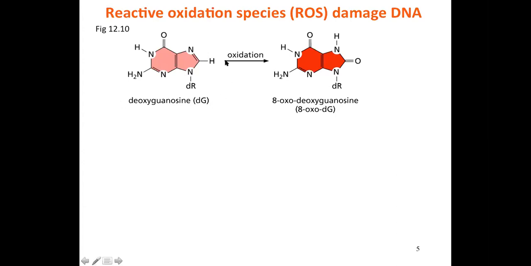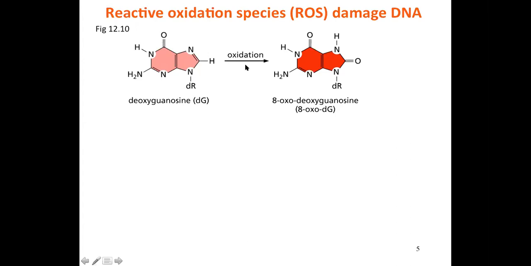So here we have a deoxyguanosine, right? So again, you can pretend this is in your DNA. Here, conveniently, they just label this as where the deoxyribose sugar would attach. So you imagine there's the deoxyribose sugar, and then the phosphate backbone is probably over here somewhere, right? So this particular nucleotide, again, these three locations, this O, this H, and this H are what are going to form the hydrogen bonds across the DNA to the other strand.